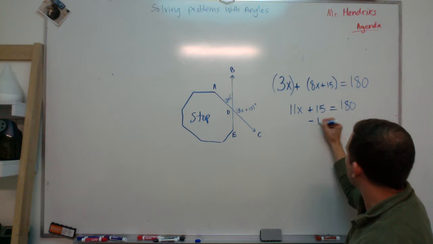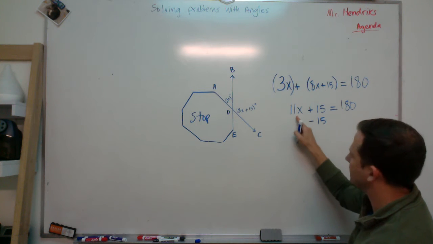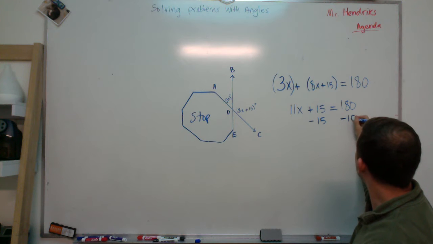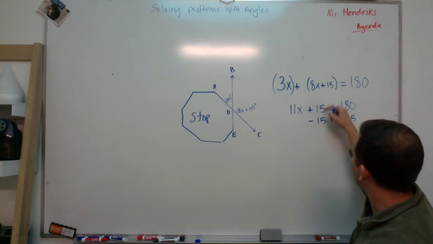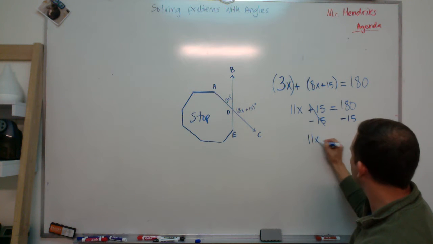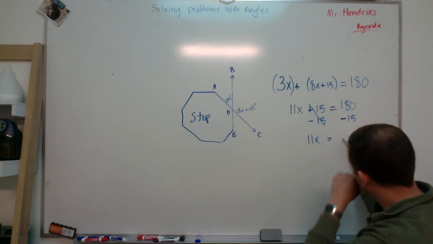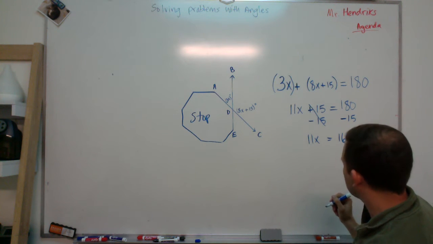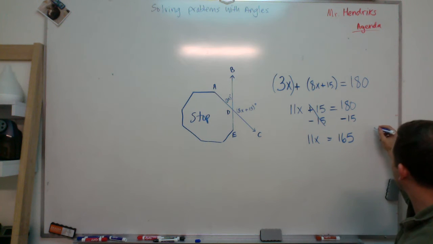Okay, next we subtract 15 from both sides to isolate the variable term. So this will cancel out. We'll be left with 11x over here. On this side, we'll get 165. All right, and then I'm guessing it's 15. So we'll check though.